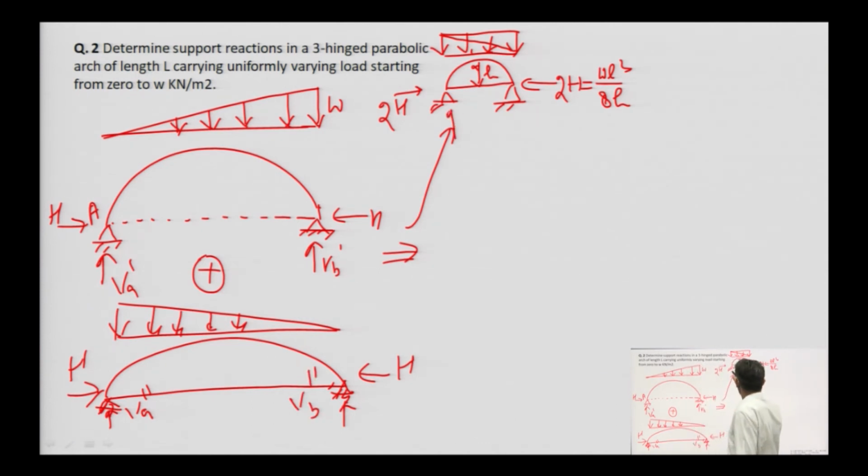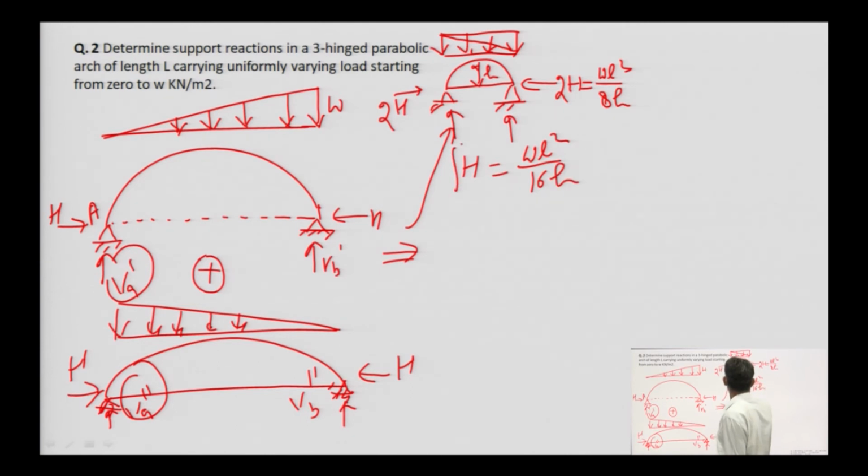Then the support reaction will be the summation of these two, no problem, support reactions can be calculated very easily. So, the value of h will be WL square upon 16h.